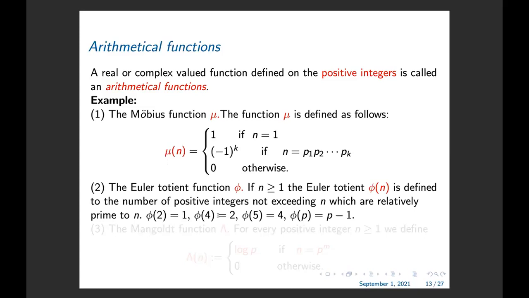Phi of 4 is 2 because 1 and 3 are the two numbers lying between 1 and 4 which are co-prime to 4. Similarly, phi of 5 is 4 because 1, 2, 3, 4, these are the four numbers which are co-prime to 5 and which are also less than or equal to 5.